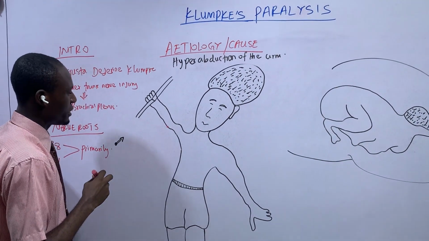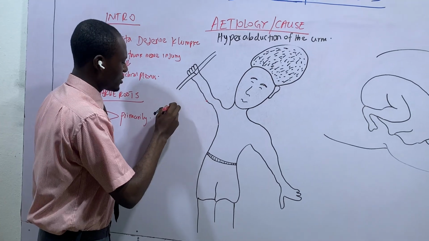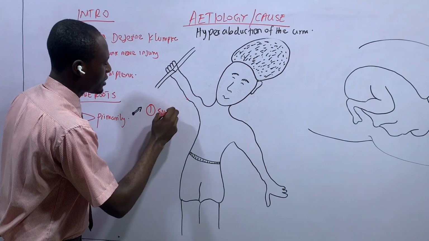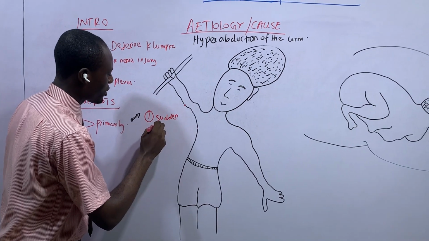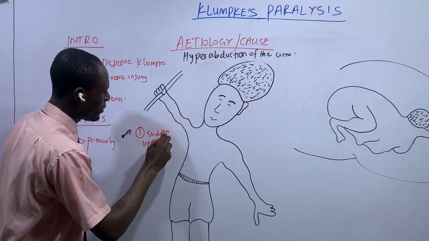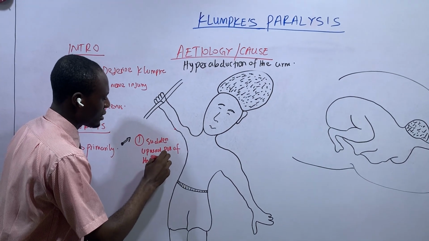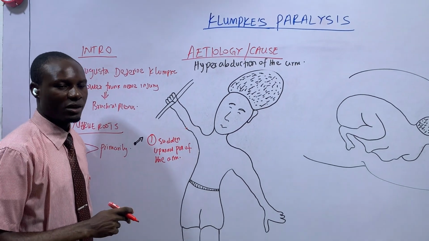Alright, so what are the various conditions that can cause hyperabduction of the arm? They include the following. Number one, a sudden upward pull of the arm. That's one scenario in which this can occur.